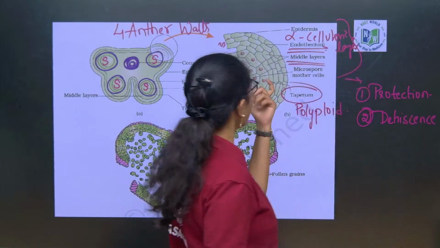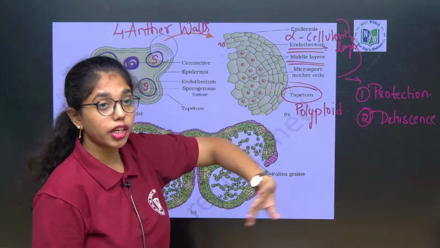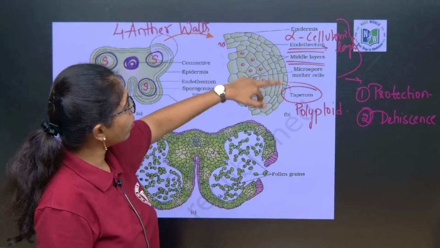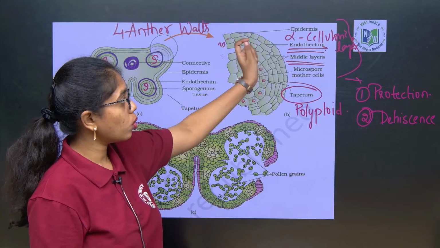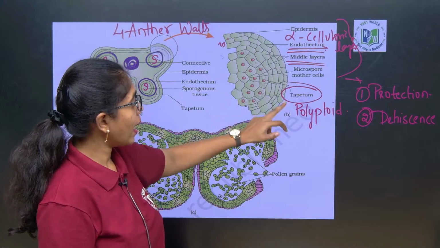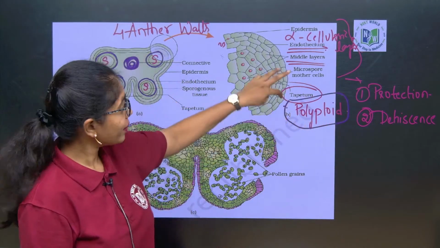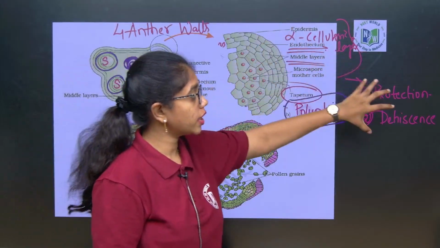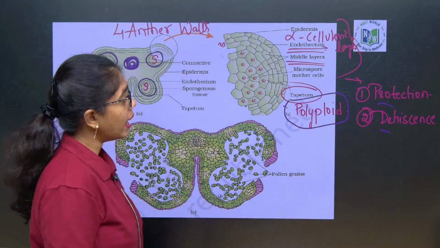So the outer is the epidermis, next is the endothecium filled with alpha cellulosic fibers, then 2 to 3 middle layers, and then the tapetum which is of polyploid condition. These layers constitutively perform one function, that is protection and help in dehiscence.